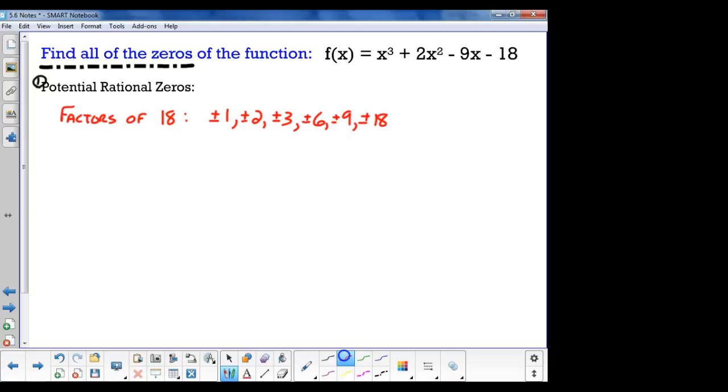So now, and then I need factors of 1, right? So it's just 1, right? So do I even need to rewrite that? No. So here's my list. Here's all the possible ones. So here's all my possible zeros. Okay? From that now, I get to do some picking and choosing.